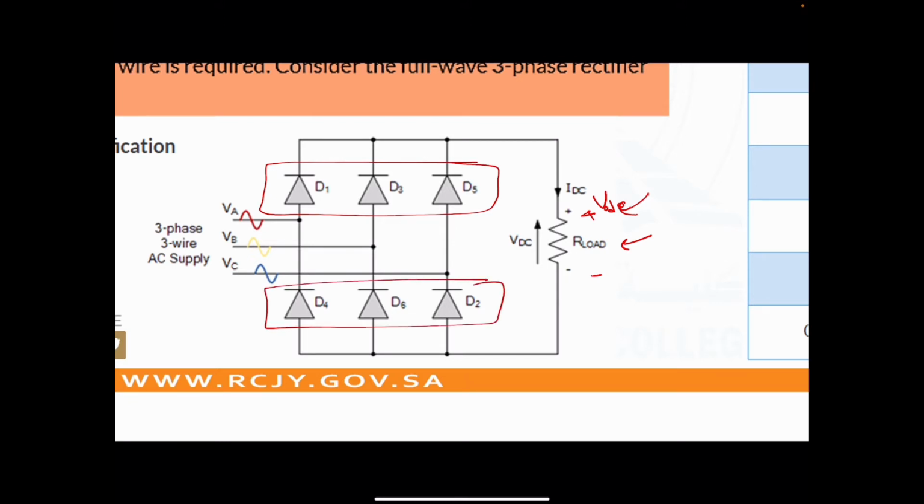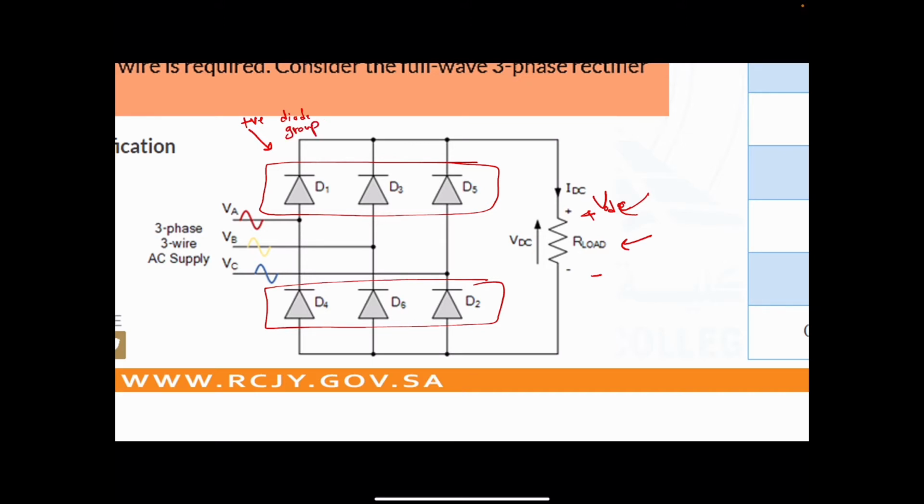We call those 3 diodes the positive diodes, or positive group.